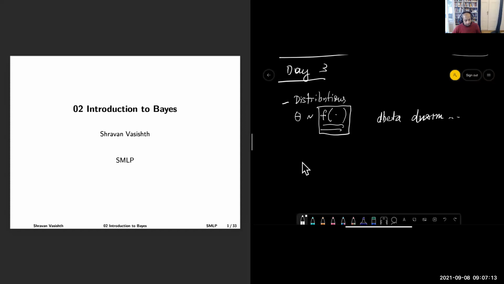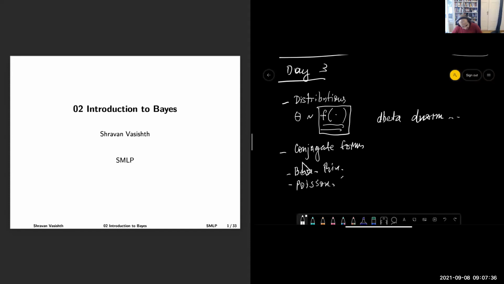All right, so the other thing we learned was how to deal with some conjugate forms. We saw two classical examples, right? We saw the beta binomial yesterday, and we saw, what was the other one? The Poisson gamma, right?